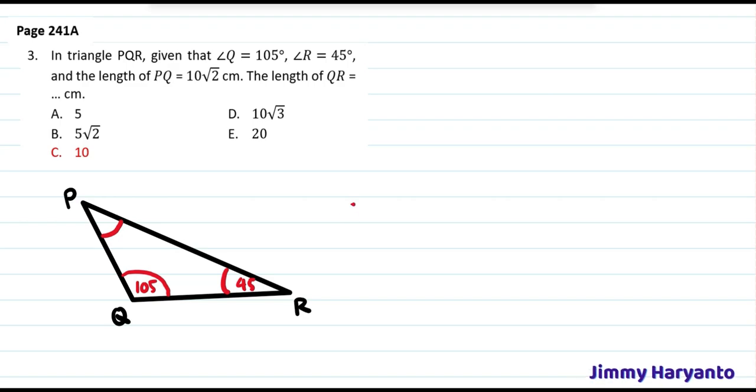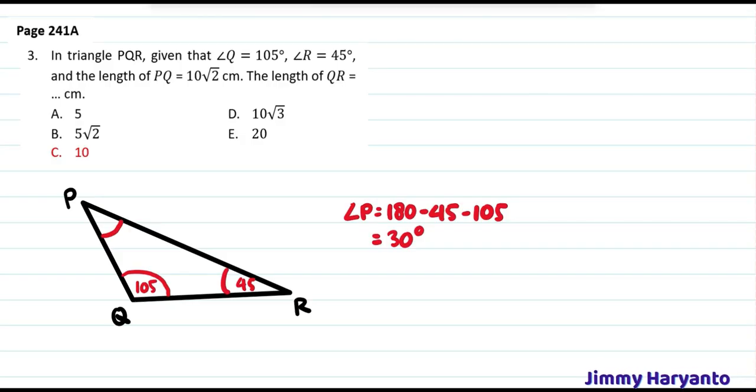So to find the angle of P, let's subtract 180 minus 45 minus 105, and then you'll have 30 degrees. Okay, so this one is 30. I think we'll use the 30 and 45 because 105 is not calculable.